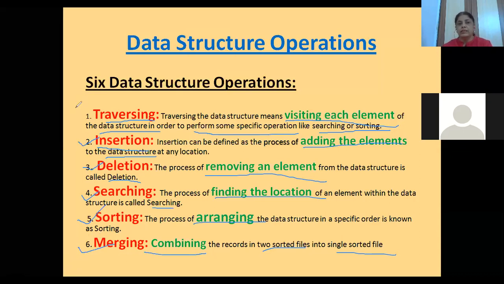So these are the six data structure operations. Understood? We will do algorithms for traversing, insertion, deletion, two algorithms for searching, linear searching and binary searching, and one algorithm for sorting, bubble sorting. We don't have a merging algorithm in our syllabus.